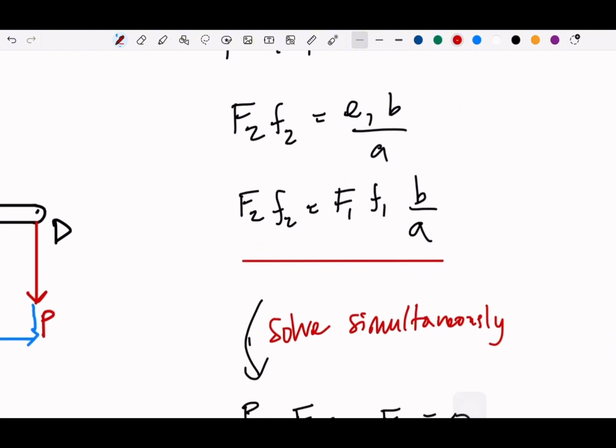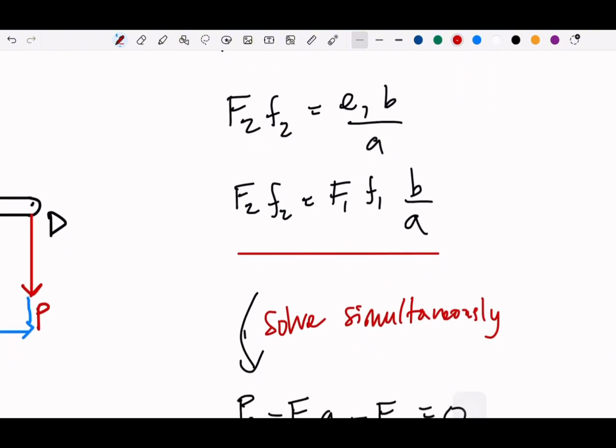We could put in F2 and F1 and check whether they are equal or not. That is one way to review the solutions.